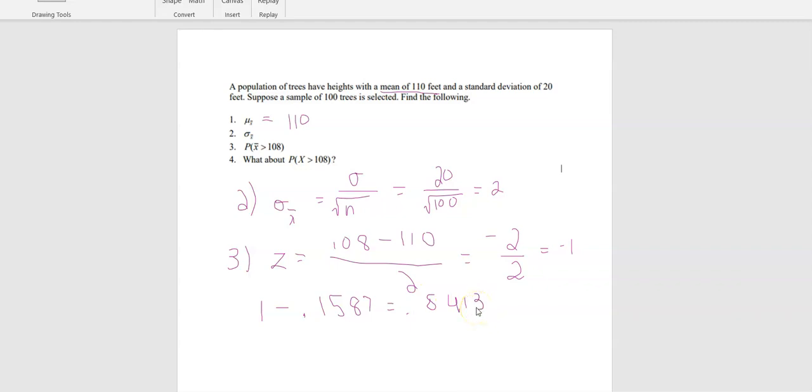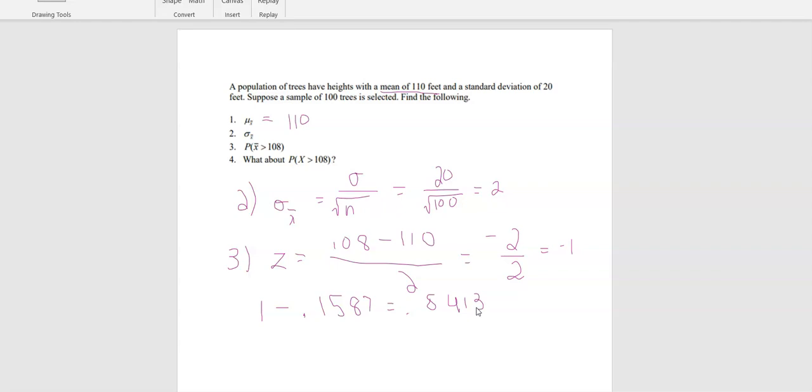All right, now number 4. We were able to do number 3 because our central limit theorem says that if we have a sample greater than 30, then we can use the sampling distribution of the mean, and it's approximately normally distributed.